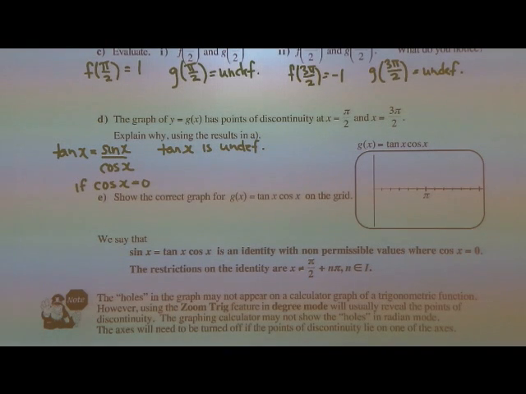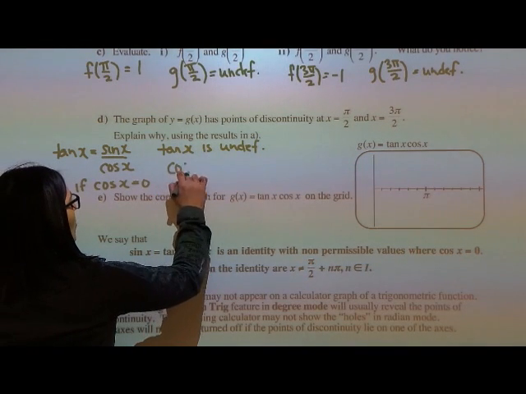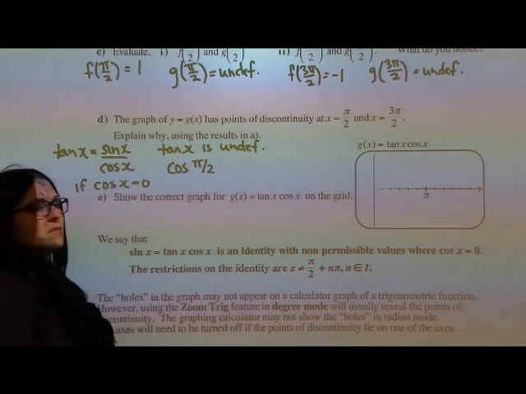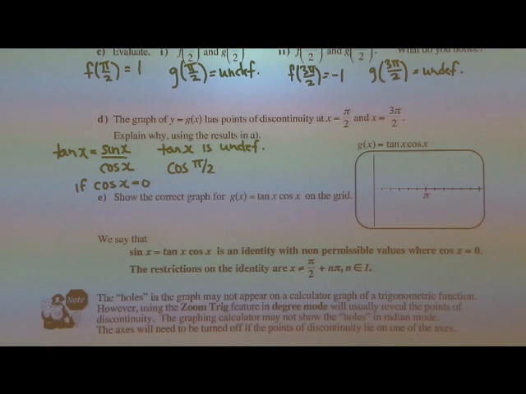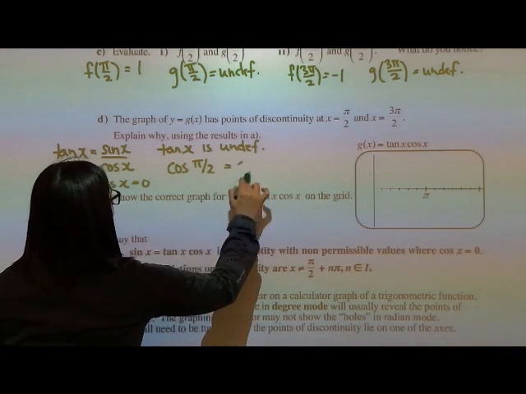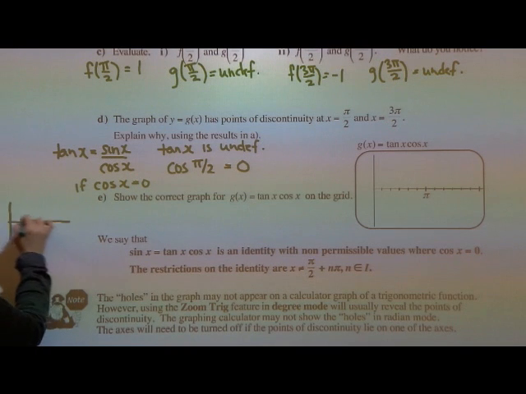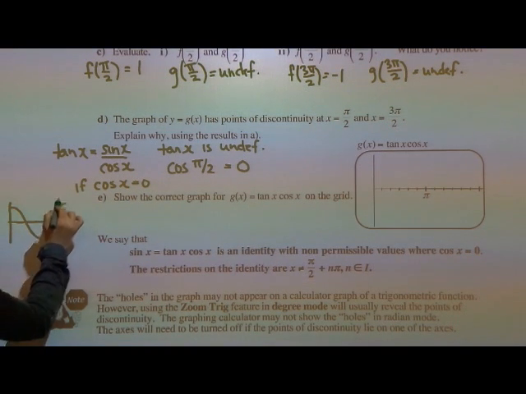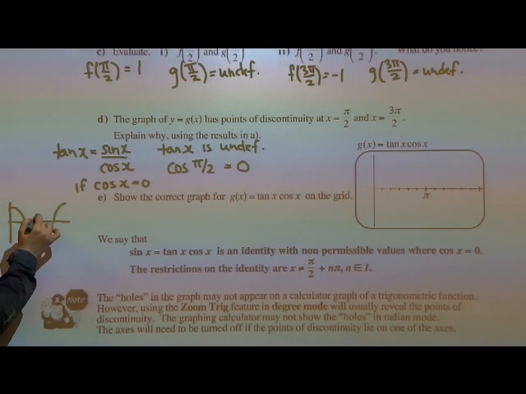Well, guess what cos pi over 2 equals? It equals 0. If I look at my cos graph, the minimum point was at pi, and the zeros were halfway in between.